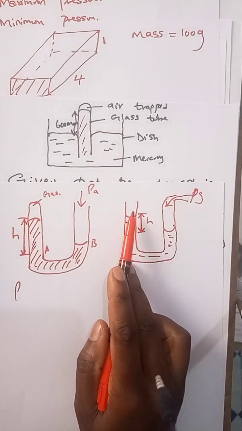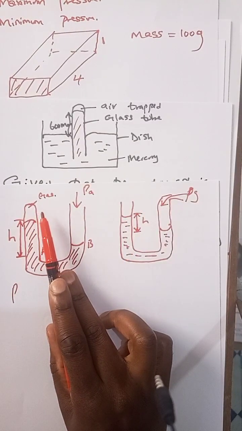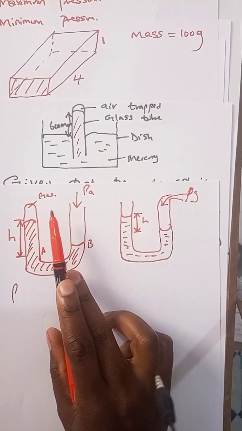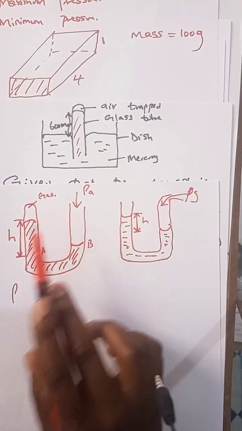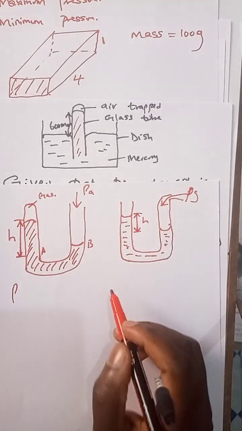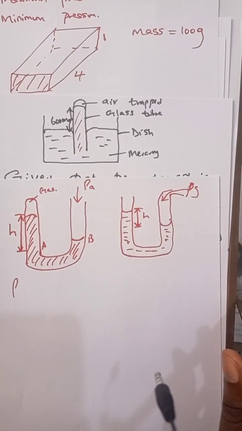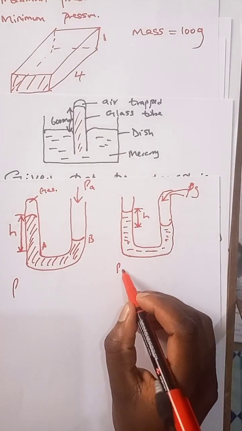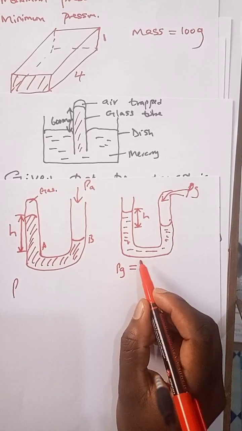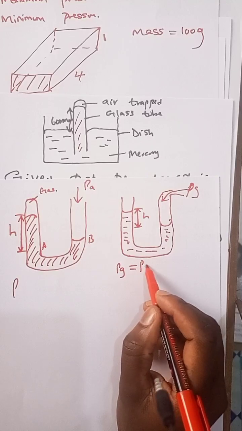Because this part is open, this part is closed, and therefore we talk about the pressure due to the gas supply in the first case, the PG in this second case. Allow me to start with the second case. So we'll talk of PG, the pressure due to the gas supply, given by the atmospheric pressure.